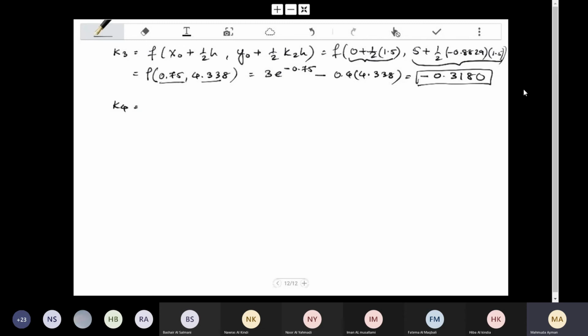So now we have to calculate the value for K4, where the formula is f of x0 plus h, comma, y0 plus K3 times h. K3 will be utilized in K4.